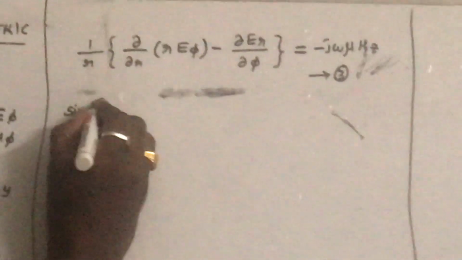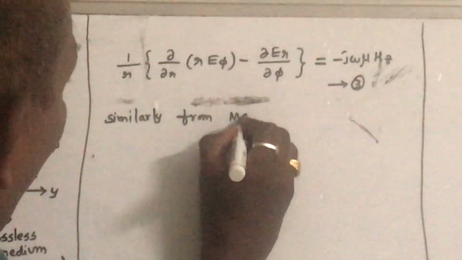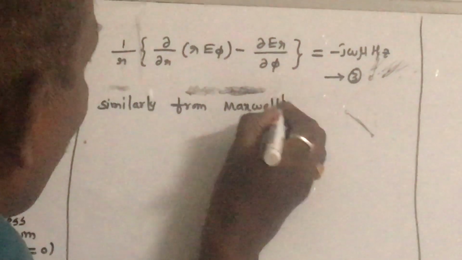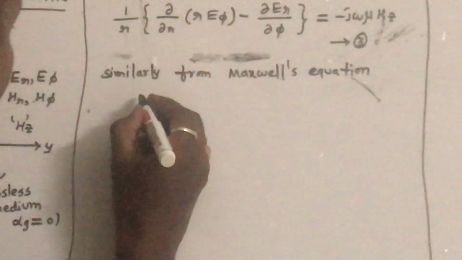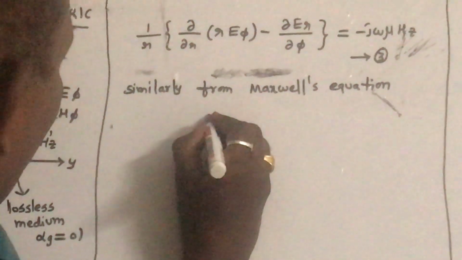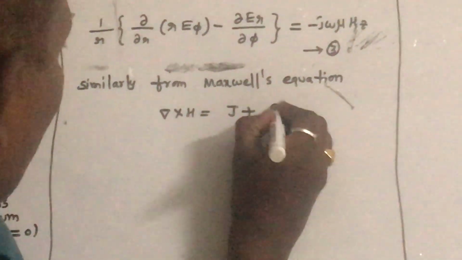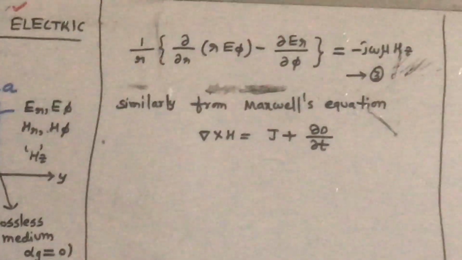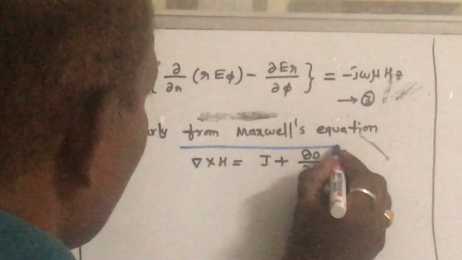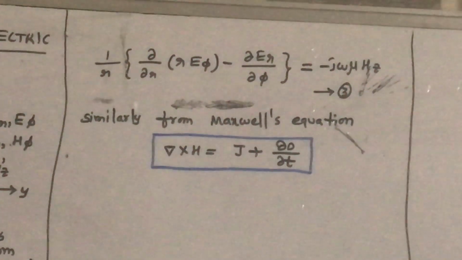Similarly, from the other Maxwell's equation, what is the other Maxwell's equation we have? Del cross H is equal to J plus dou D by dou t. From this Maxwell's equation we can find the field components inside the circular waveguide.